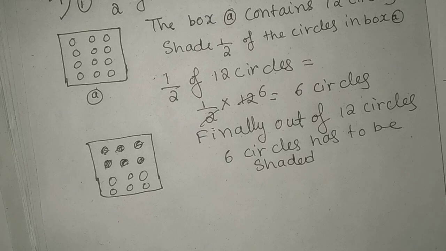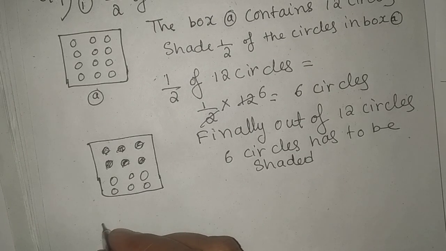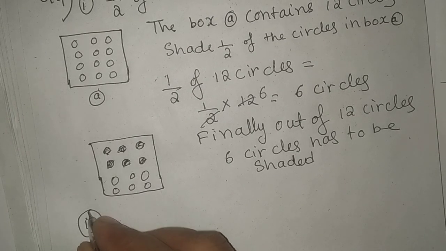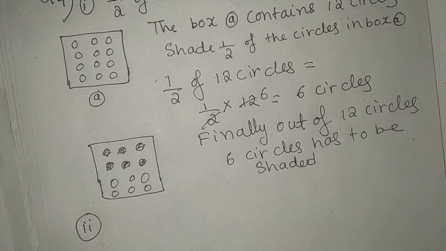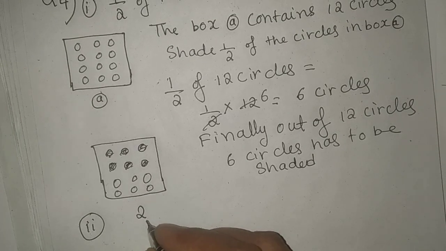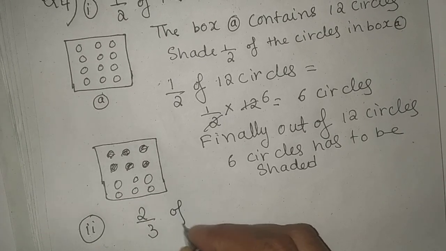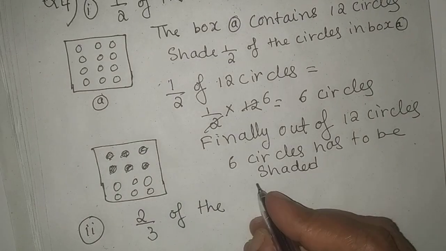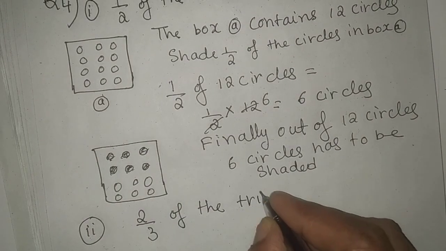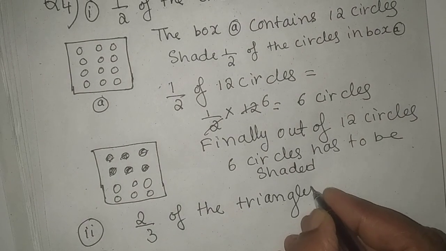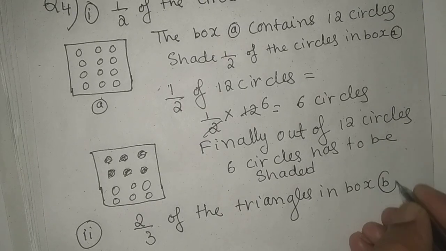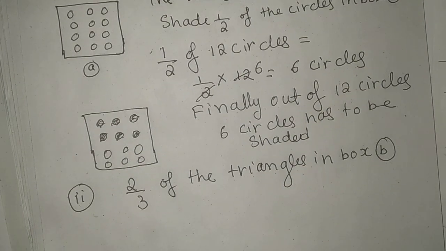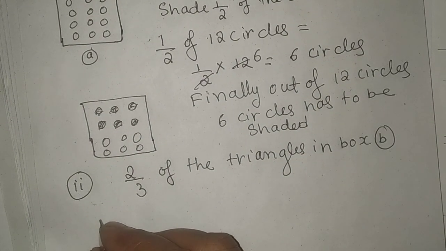Now second one, that is 2/3 of the triangles in box B. That is shade 2/3 triangles in the box B. What is box B?